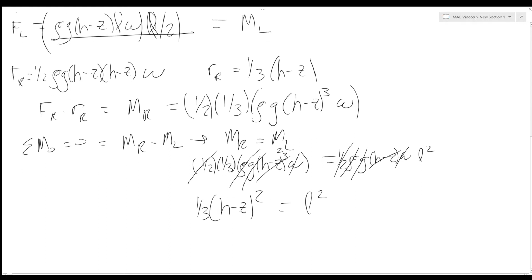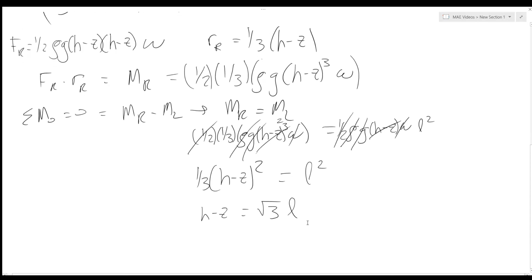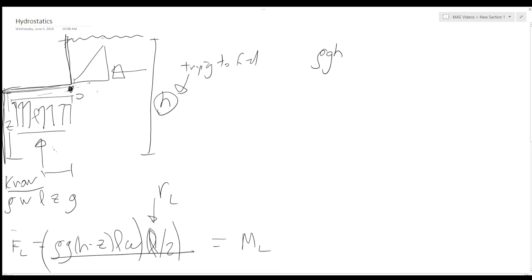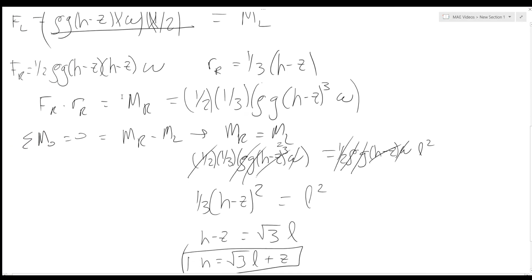So H minus Z is equal to root 3 times L. So H is equal to root 3 L plus Z. And that will be how we determine the height needed to turn this gate.